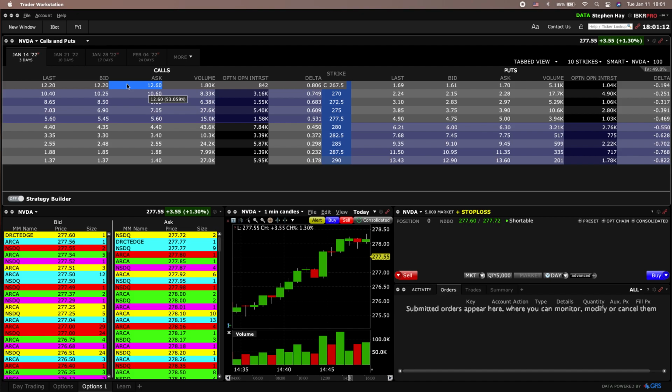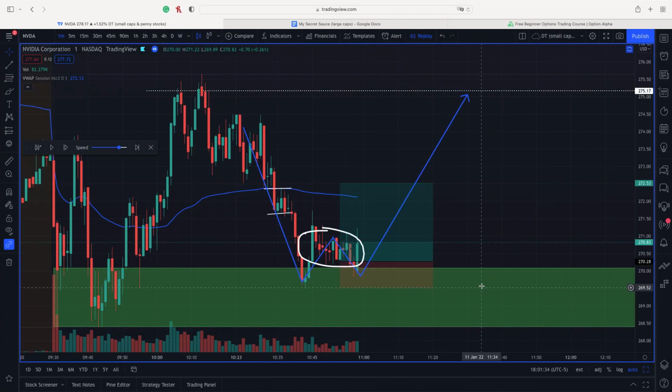And then with the delta, going back to the risk to reward here, let's say you can only risk $200 for that 2% move. Well, if you bought one contract of, let's say, the 277.5 strike call, then if Nvidia drops $1, you'd be losing $50, right?